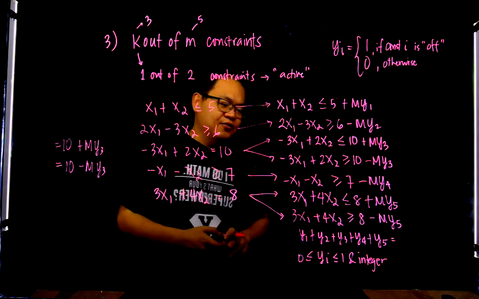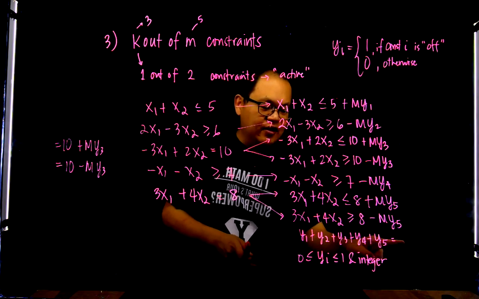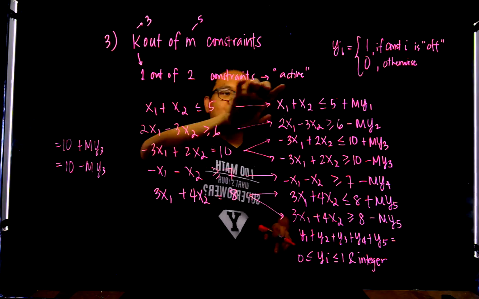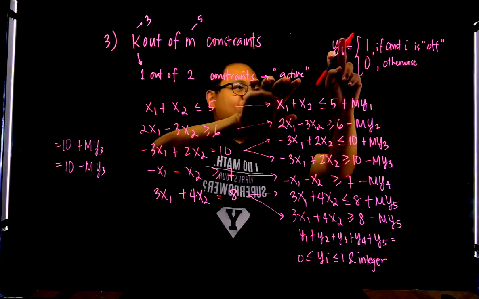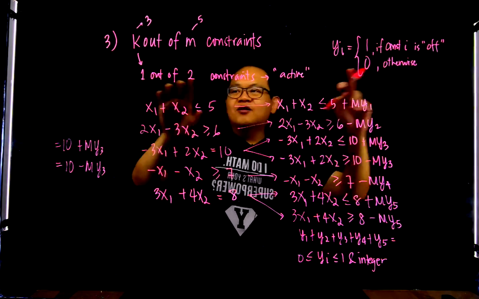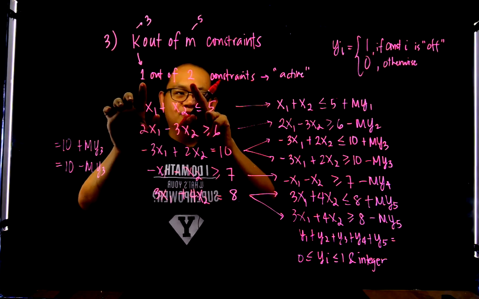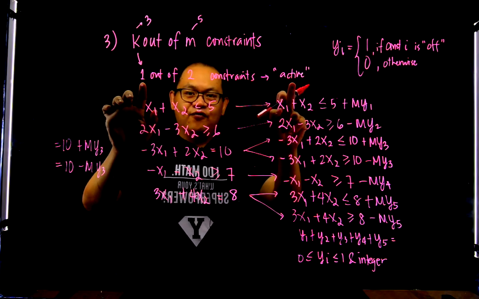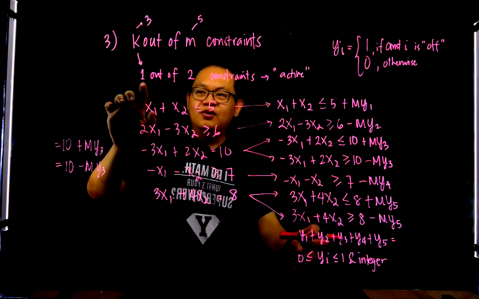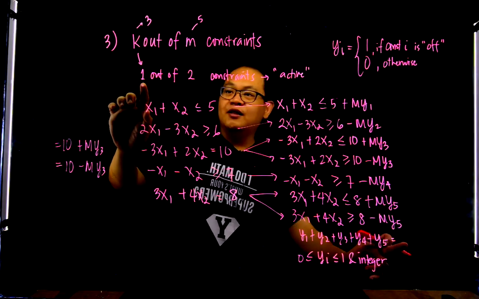Now, in the either-or scenario, we added all the binary variables and equated it to 1. Why? Because in the either-or scenario, you have 1 out of 2 constraints to be active. And remember, if y is 1, the constraint is off. So if you want 1 out of 2 constraints to be active, you are also saying 1 out of the 2 is inactive or off. Therefore, in the either-or constraint, when you added y1 plus y2 and you equate it to the number of constraints to be off, the right-hand side is 1.